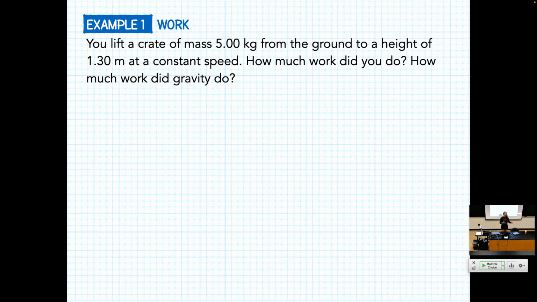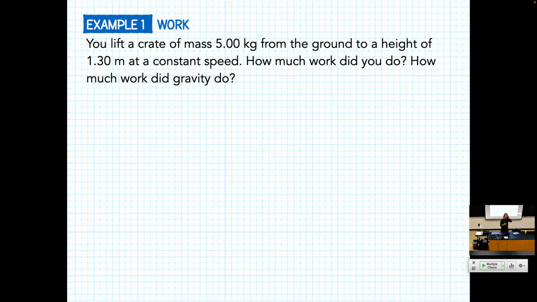And that's because we've chosen the crate as our system. So what other things could we put into our system in this case if we really wanted to add things to it? You can put the ground in the system. You can put your hands into the system, right? So then that work would be internal work, right? That force would happen inside the system instead of being an external force that happens to the crate.